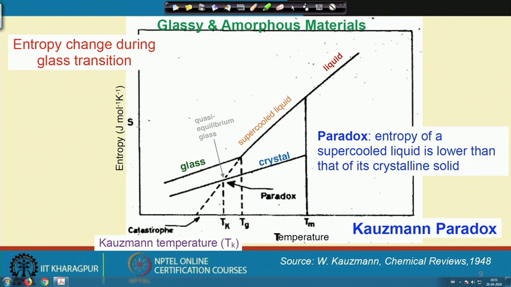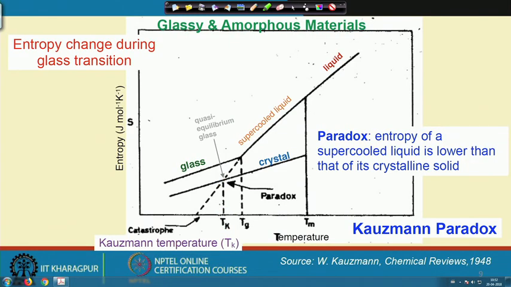So, what a glass really means is that at T_K, the Kauzmann temperature, people assume we get an isoentropic glass, or rather an isoentropic supercooled liquid, which cannot be stable, and the liquid cannot be stable down to such a low temperature, which has the same entropy level as the entropy of a crystal.